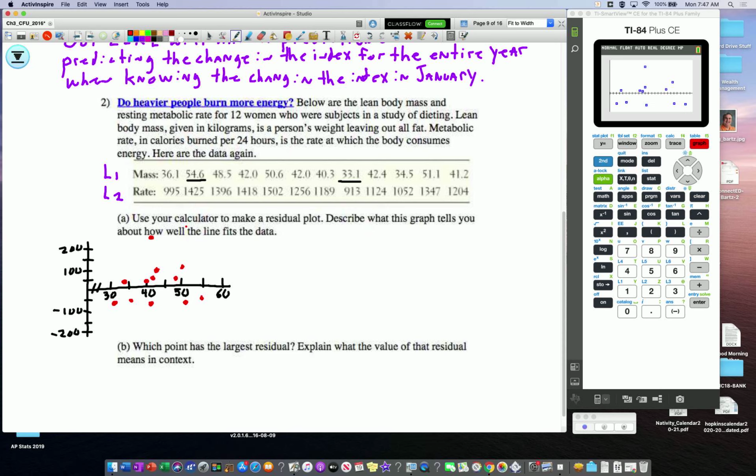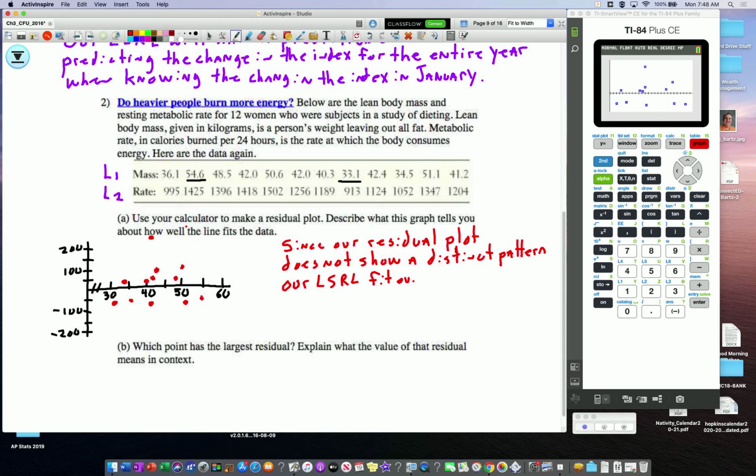So since this doesn't show a pattern, what I would say is: our residual plot does not show a distinct pattern, our least squared regression line fits our data well.